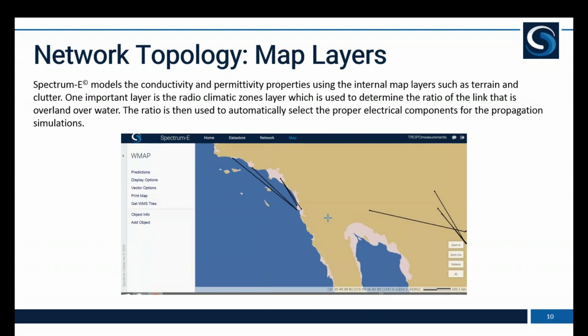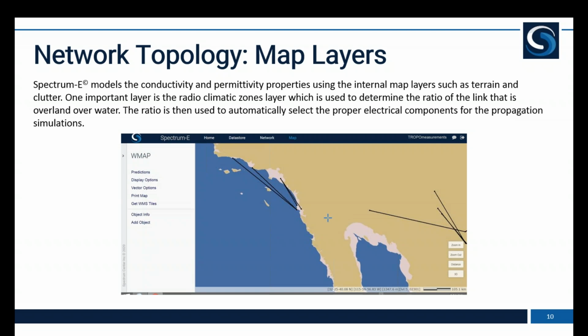And another layer that is very important also to be able to model tropo links is the radioclimatic zones. So here I'm showing an example of different colors. You have the inland areas, you have the coastal areas, you have, of course, what is water or oceans, sea. Those three classifications are part of a separate layer that is used along with the clutter.